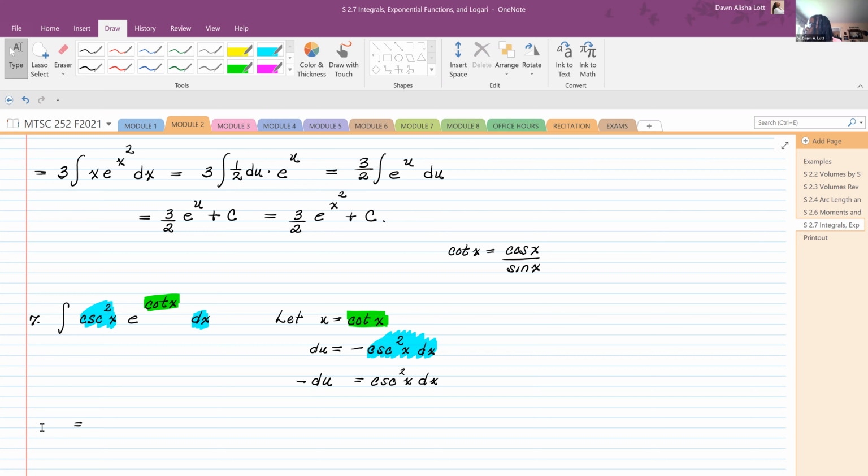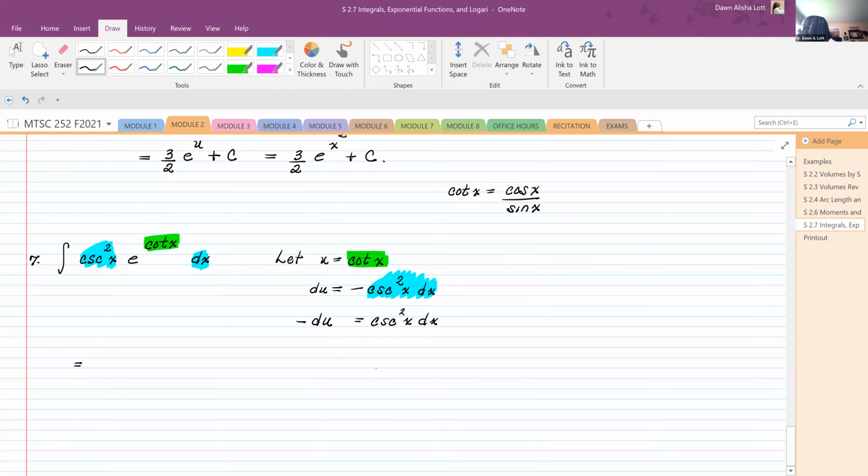So what's the answer? Somebody just want to give me the whole answer, the end? Would the answer be negative e to the cotangent x plus c? That's the final answer. Okay.